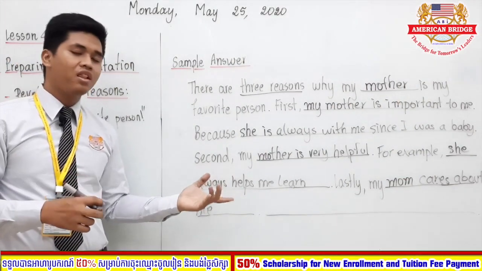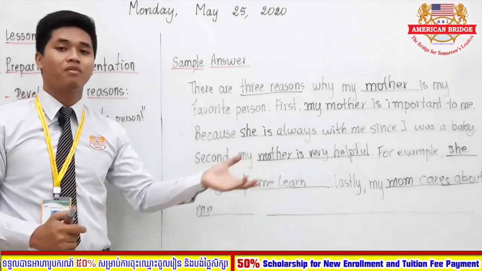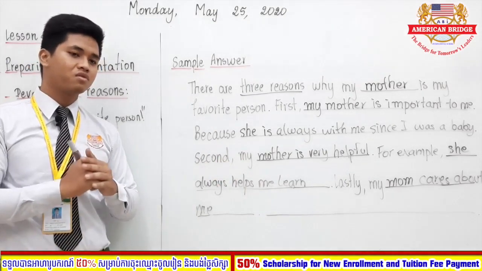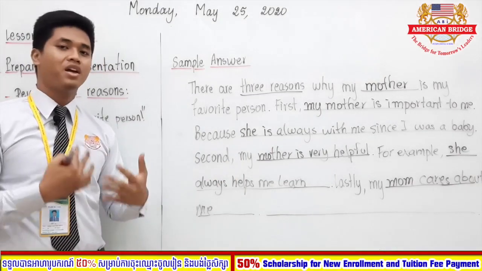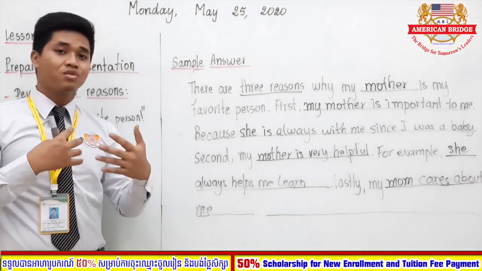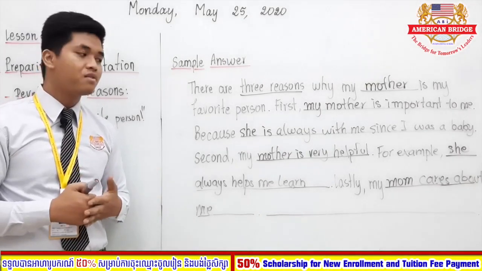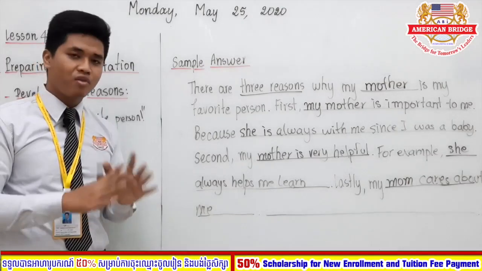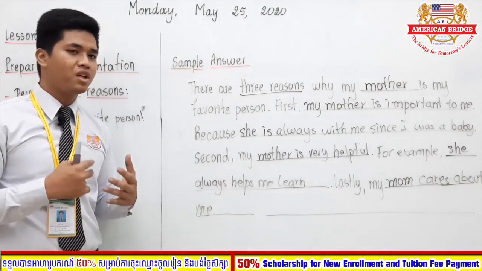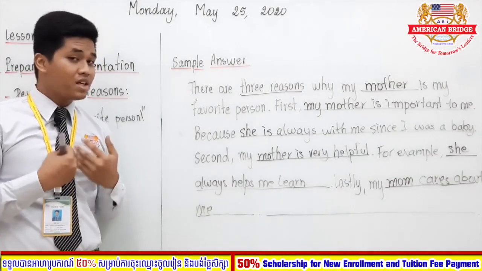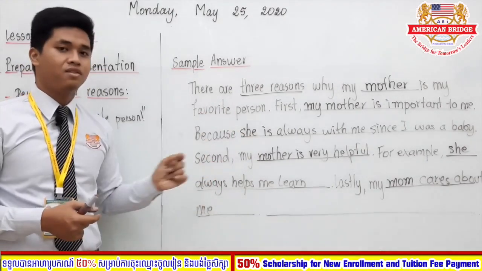When I left home and came here to live in the city, she stayed in the province, but she's still taking care of me. She's worried about how I live, what time I ate, what time I go to sleep, what food I am eating. She always calls me, which means she cares about me every day, everyone. So she is very, very worried about me. That is the reason why I like her as my favorite person in my life.